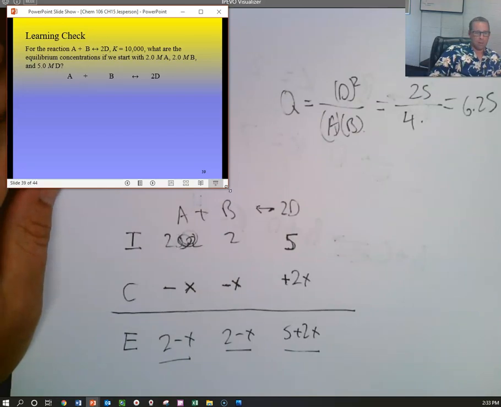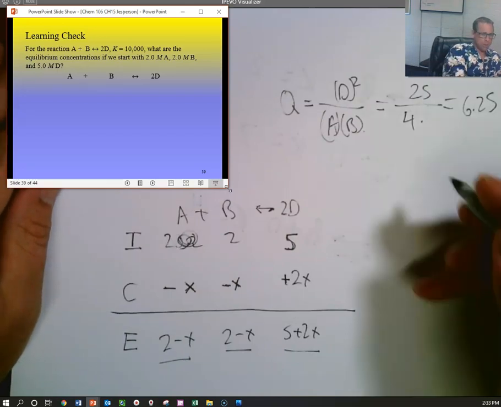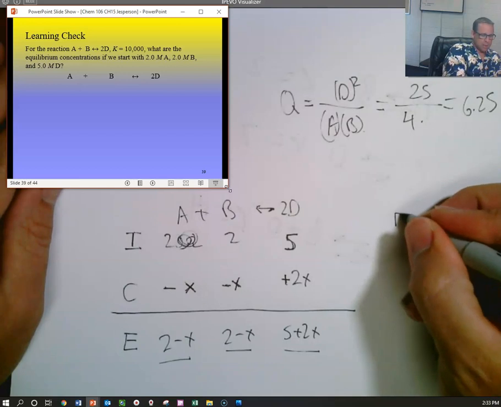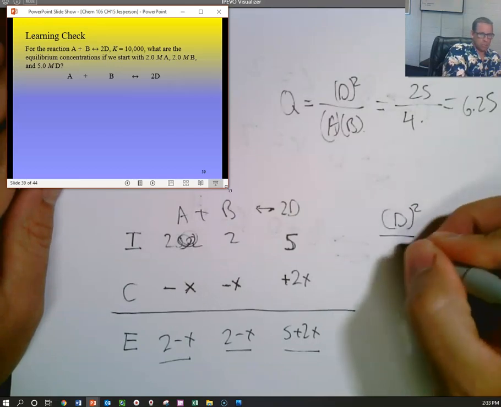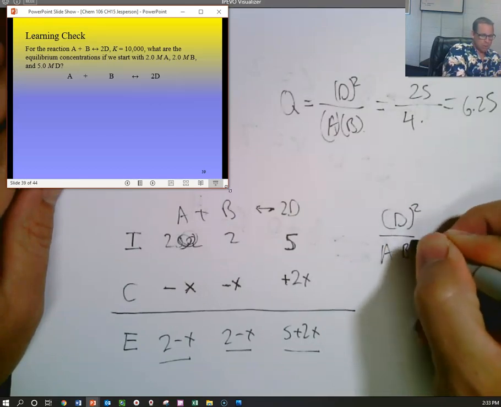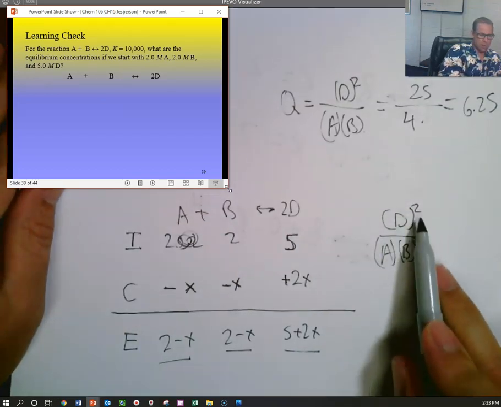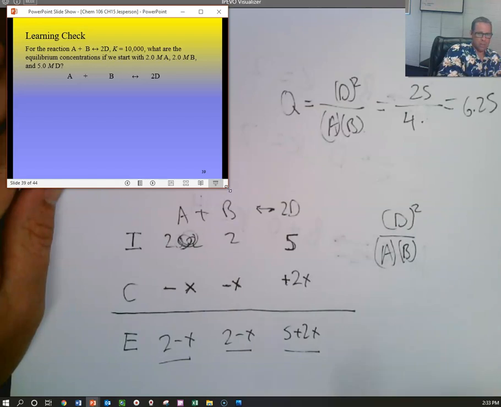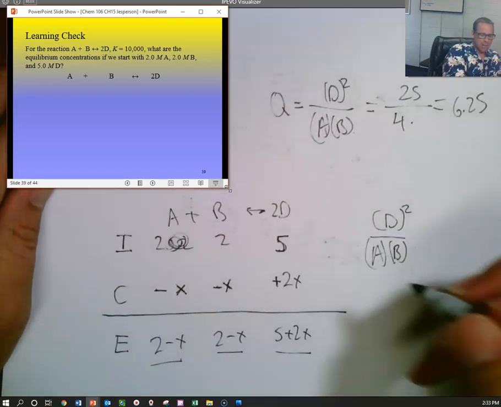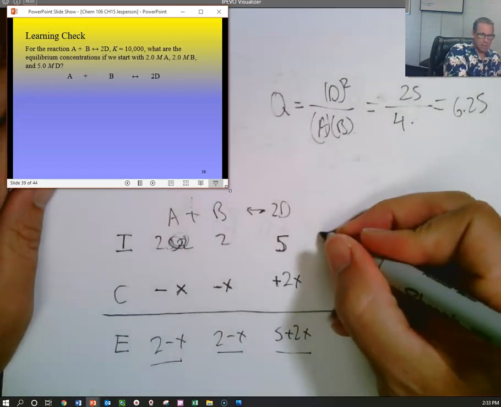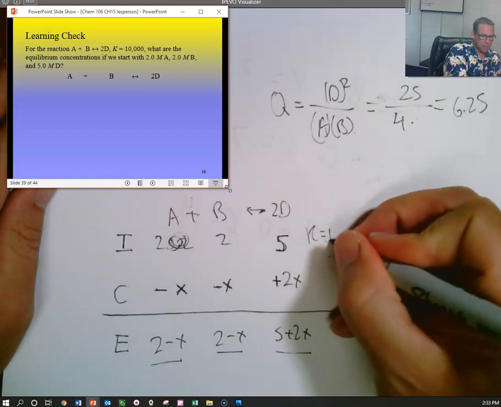All right? So the equilibrium expression for this, again, is the concentration of D squared over the concentration of A times the concentration of B at equilibrium. And those values are going to equal our K, which is 10,000.